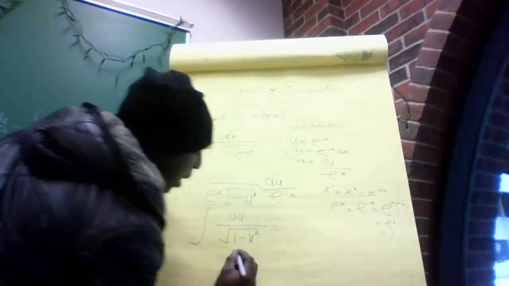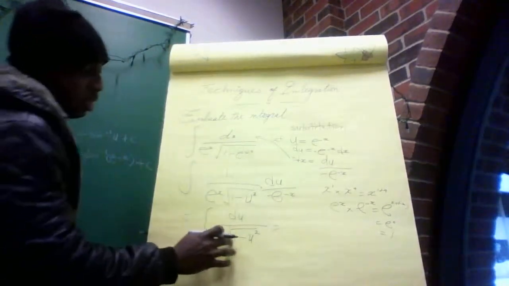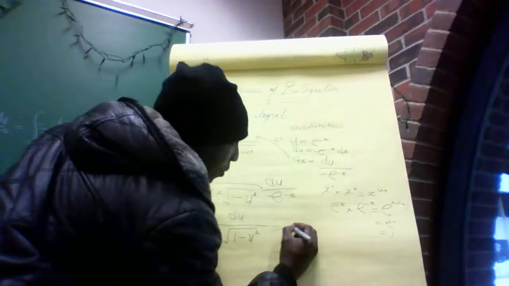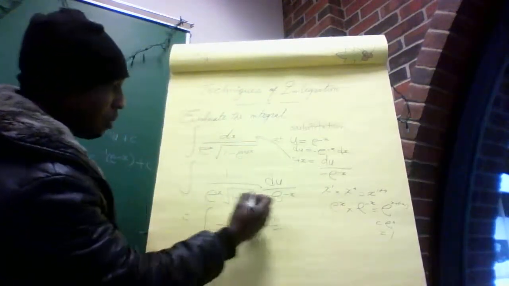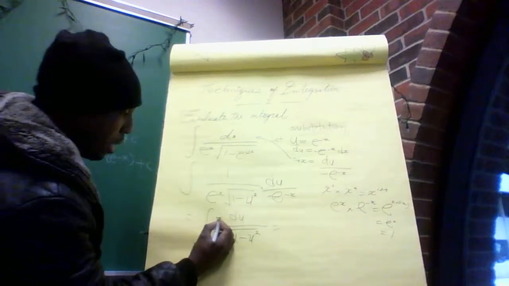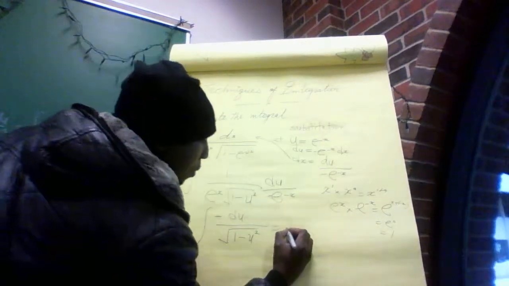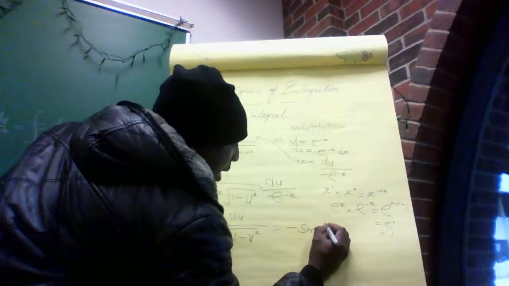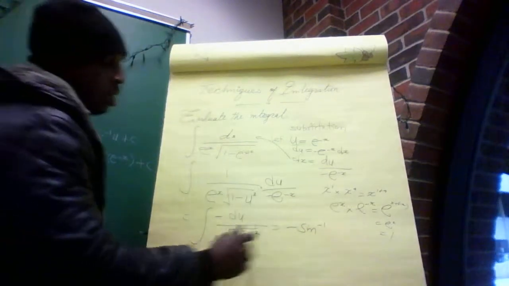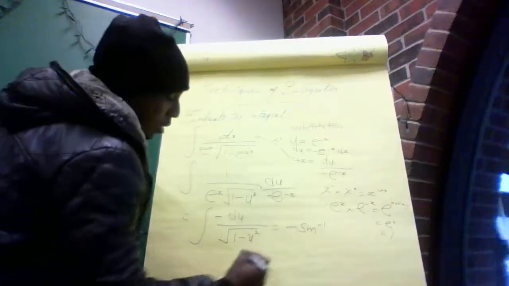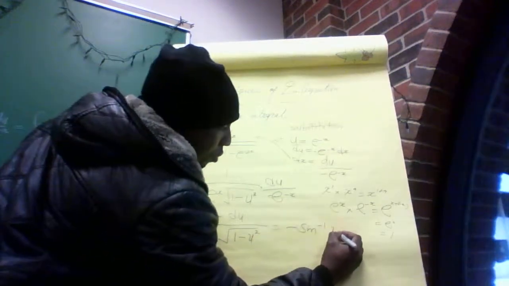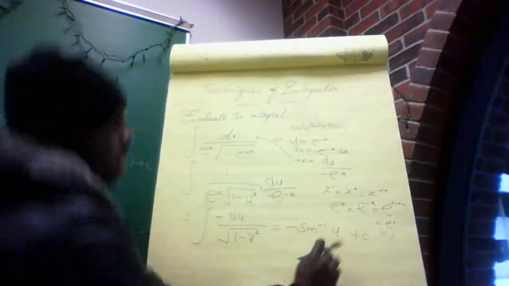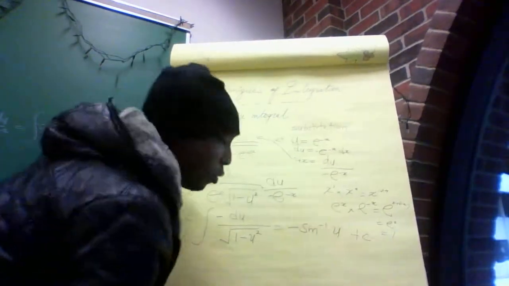So I'm going to say when I integrate 1 over root 1 minus u squared, I will have, oh, don't forget the negative sign, please. There's a negative sign here. I'll put it back here. So I will have negative arcsine of u. Then you add a constant. So I got to plug in back my u.